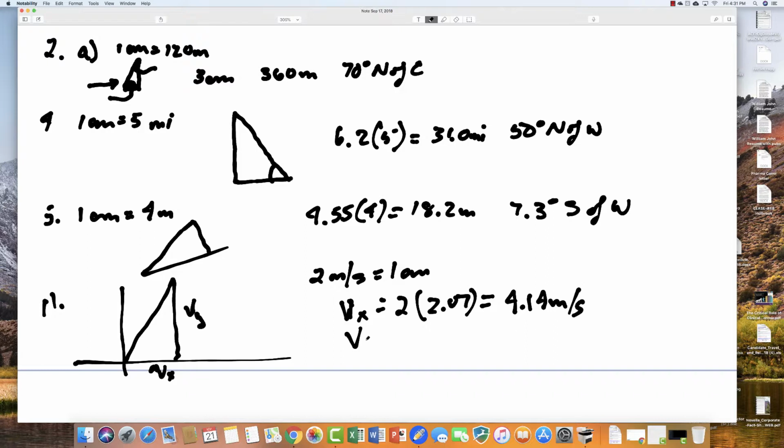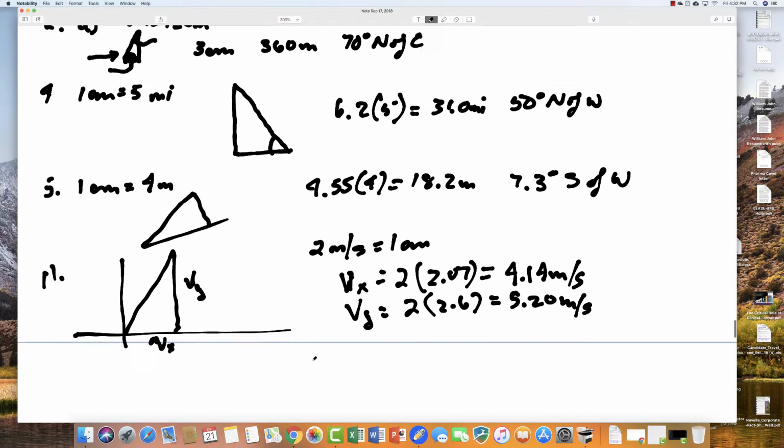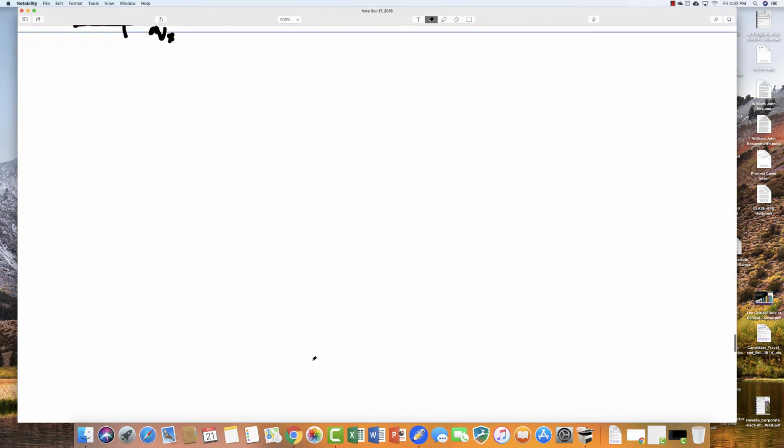And the y component is going to be 2 times 2.6 centimeters approximately, or 5.20 meters per second. Now obviously, the accuracy of these kinds of graphical calculations is based on how much time and effort you want to spend drawing these very accurately.